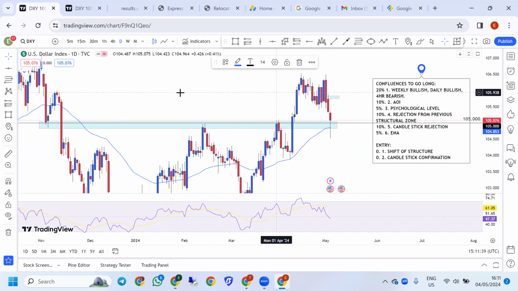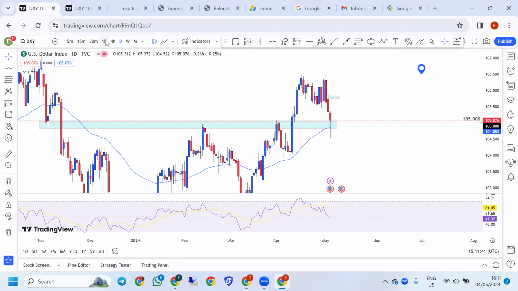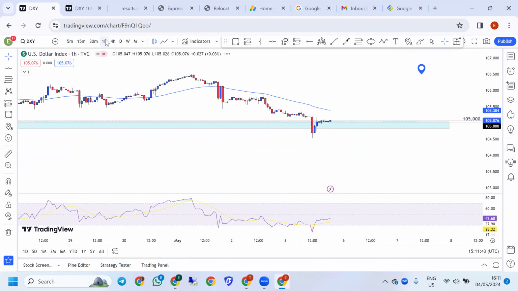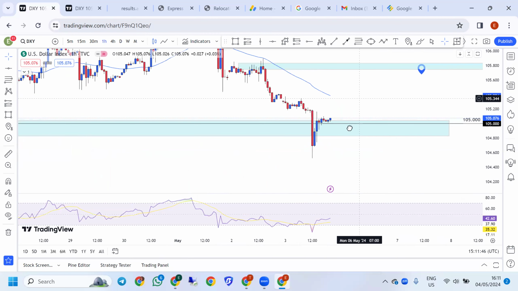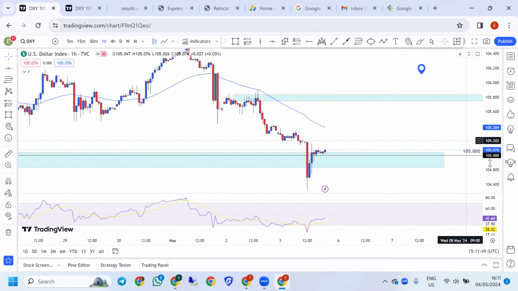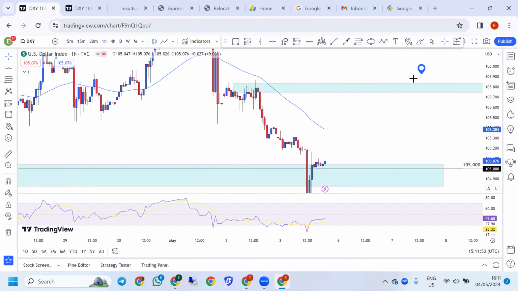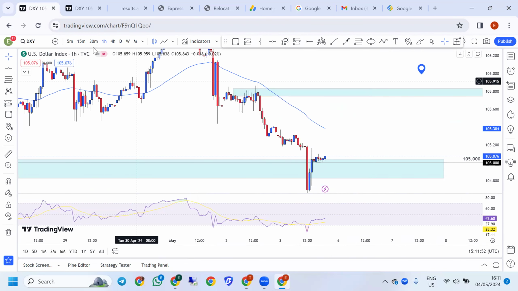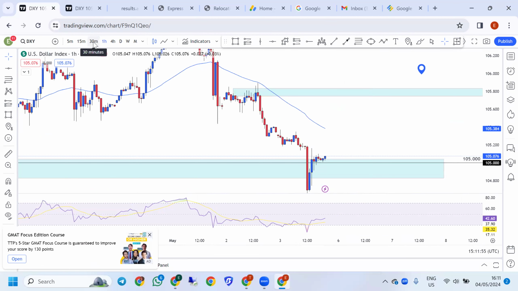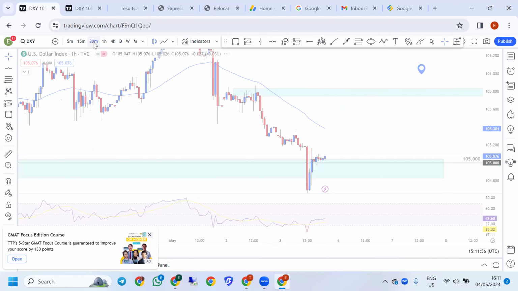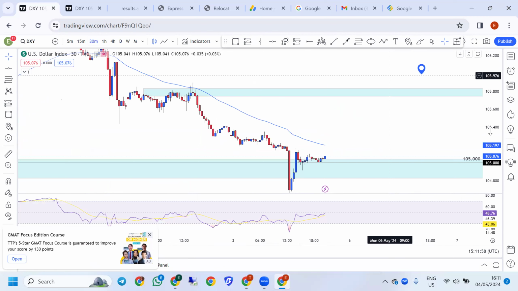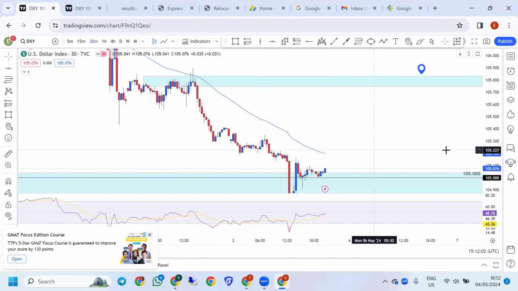So for entry, we check if the market is now ready on the 1-hour, 30-minute, and 15-minute time frames. You can see we don't have any break of structure yet, so those should be 0.